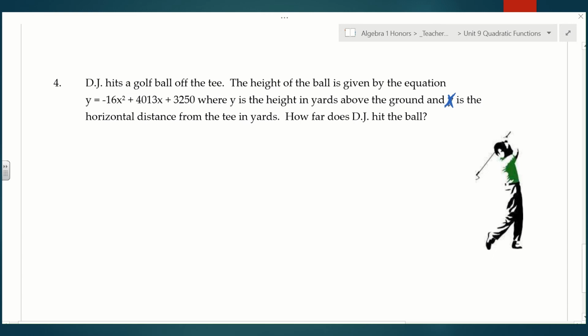So if you think about what this parabola would look like, I'm just going to do a quick sketch here. We know the parabola is going to open downward because the leading coefficient is negative. This is the height of the ball, and this is the distance.